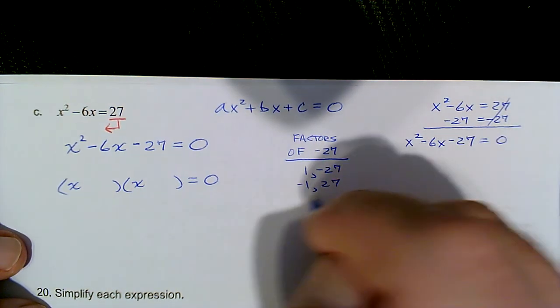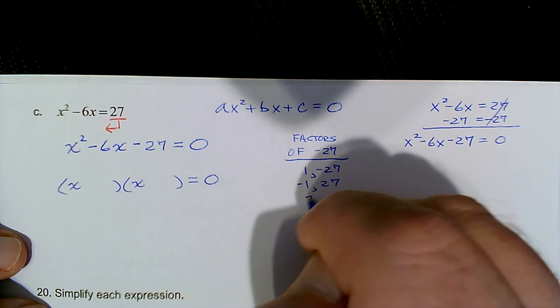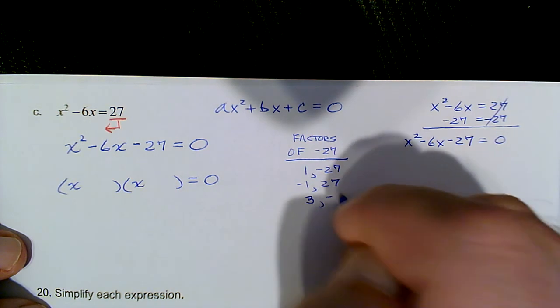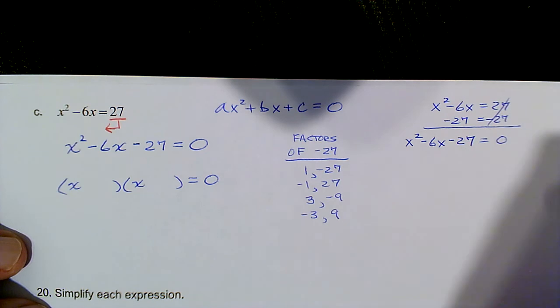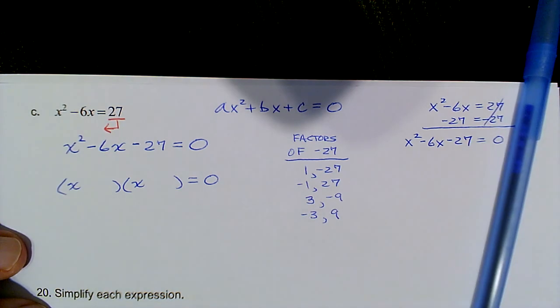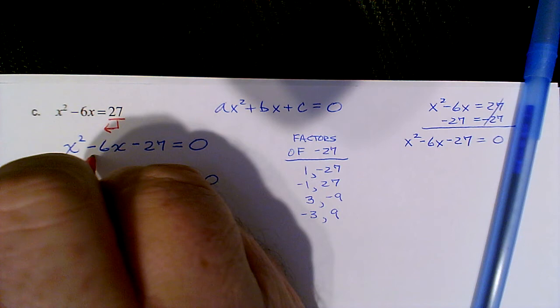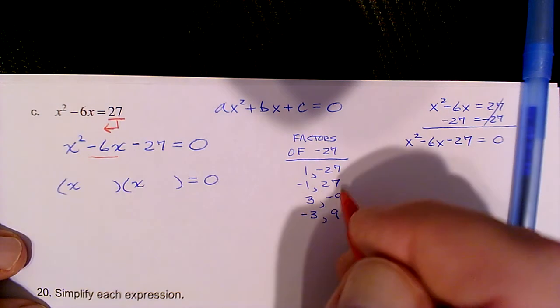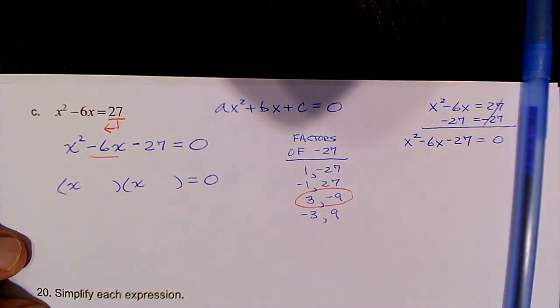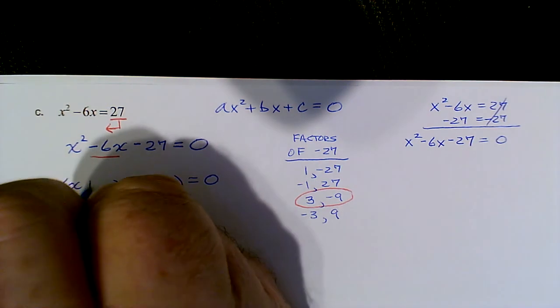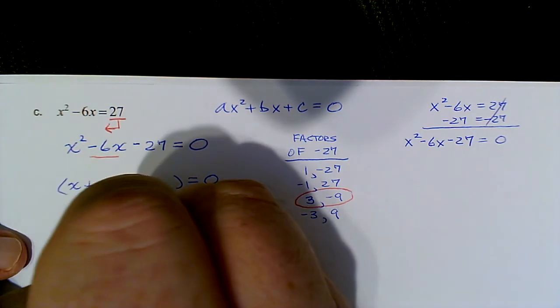Let's see, I think the only other pair of factors are 3 and 9, right? So 3 and negative 9, negative 3 and positive 9. And then we're looking for the pair that combine to give us a negative 6. And that looks like the 3 and the negative 9. So x plus 3, x minus 9.